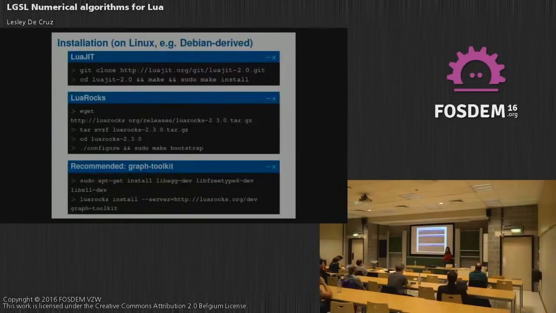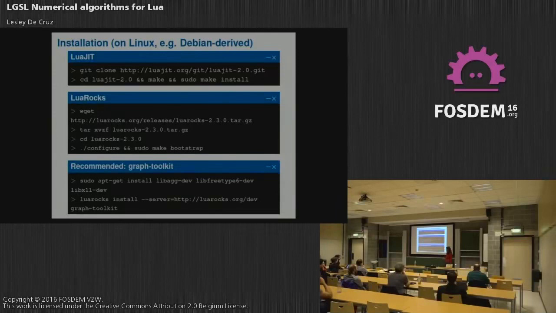You will first need some requirements like LuaJIT, please install it. It's only 2 lines of code, even if you don't want to use Lgsl. And use LuaRocks to install Lgsl, because it's really the distribution mechanism of choice nowadays for Lua modules. And if you want to plot the things that I just showed, do install Graph Toolkit.